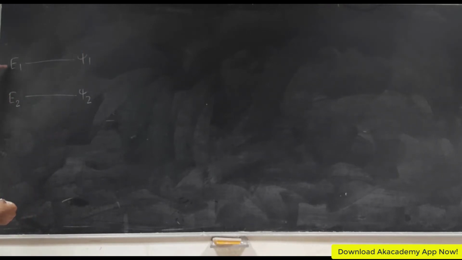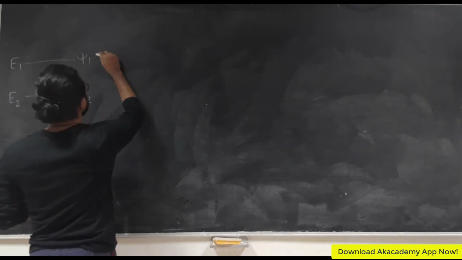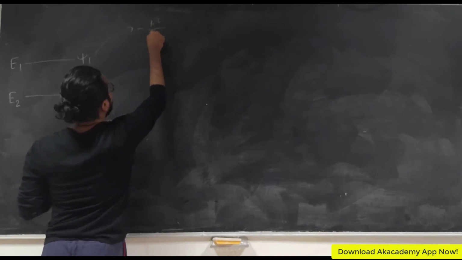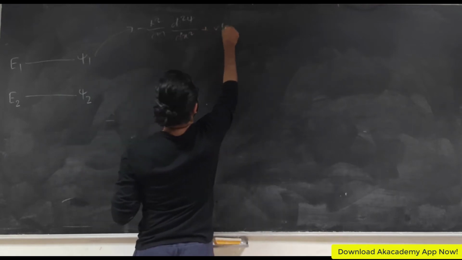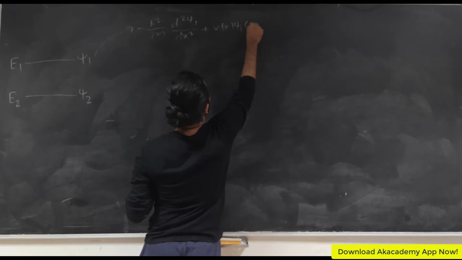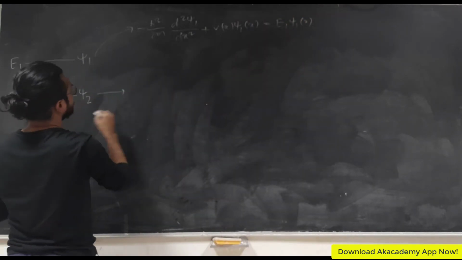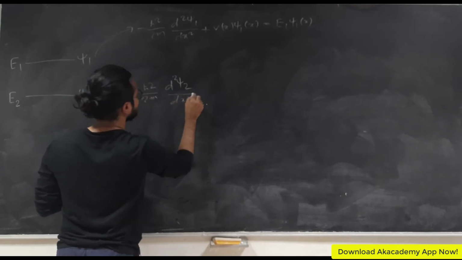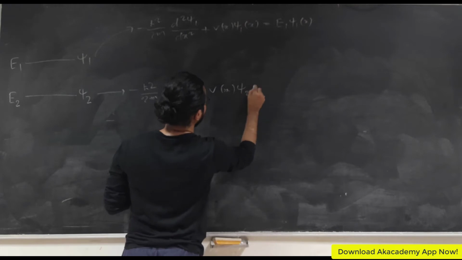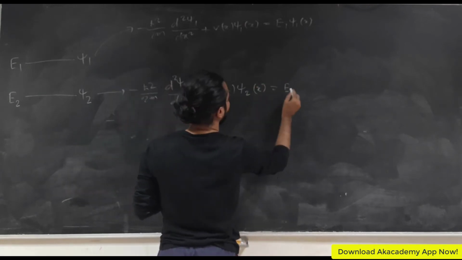In the previous case both the energies were the same, but in this case they are different energies, so the wave functions are different. The Schrodinger equation for this state is minus h bar squared over 2m d2 psi1 dx2 plus V of x psi1 of x equal to E1 psi1 of x, and for the other state it is minus h bar squared over 2m d2 psi2 dx2 plus V of x psi2 of x equal to E2 psi2.